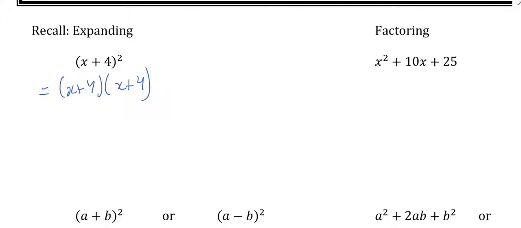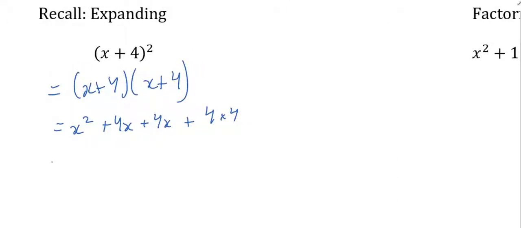That's going to turn out to be x times x, so x squared, x times 4, 4x, 4 times x, 4x, and then 4 times 4, which is 16, but I'm going to write it right now as 4 times 4. Zoom in a little bit. And that means I get x squared plus 8x plus 16.